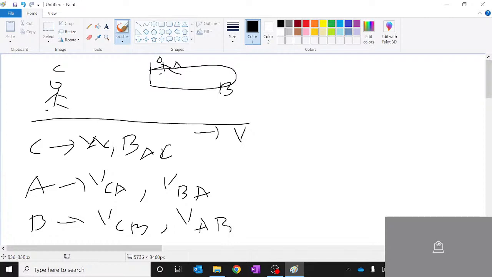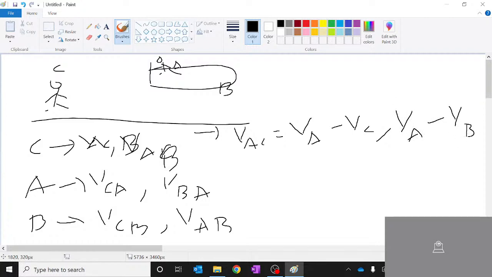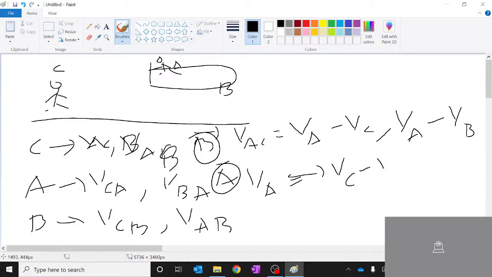Here, in the first case, if I am finding the velocity of A with respect to C, it is nothing but velocity of A minus velocity of C. Sorry, the observer here is B, so it becomes velocity of A minus velocity of B. Now if I take the observer point of A, this becomes velocity of B minus velocity of A. As simple as that.